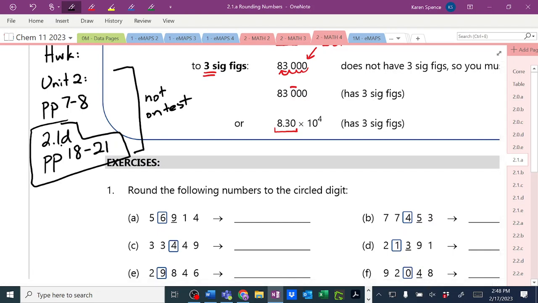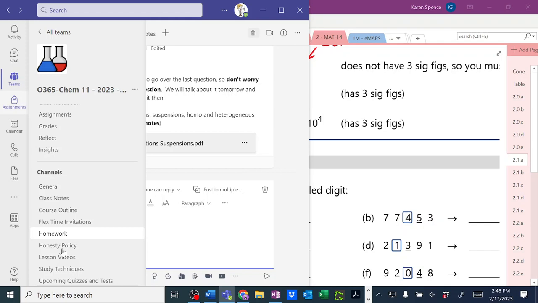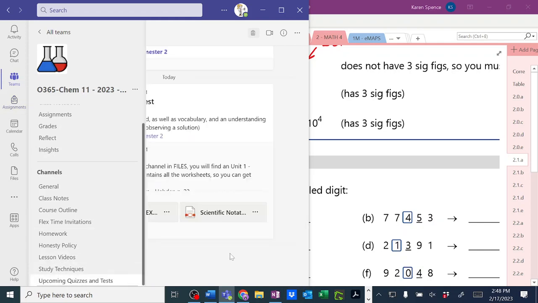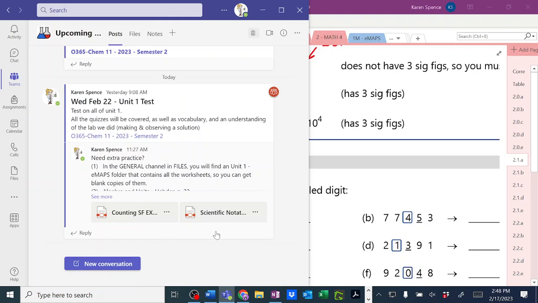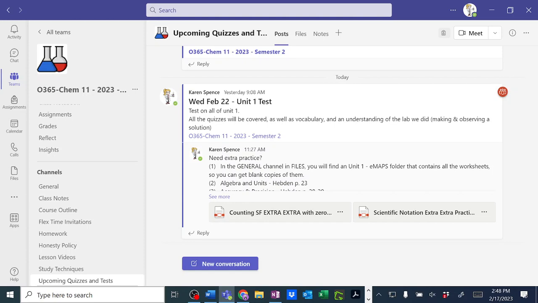I did want to point out on our team that I have, where is it? Teams, and I want upcoming quizzes and tests. So you can see here is our upcoming test.